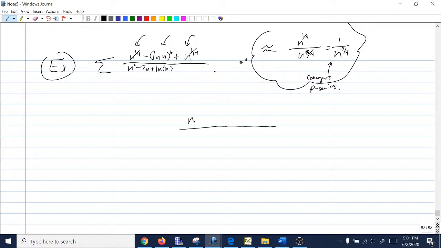What I'd like to show is that n to the 1/4 minus ln n to the 6th plus n to the 1/19th, I want to show this is less than something. That means I want to increase the top and I want to decrease the bottom.